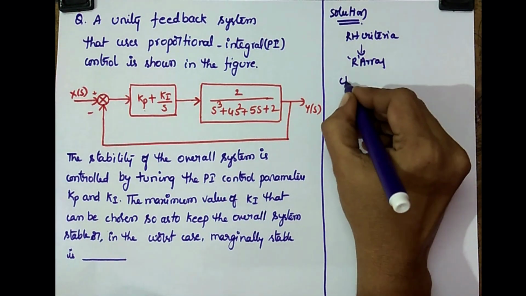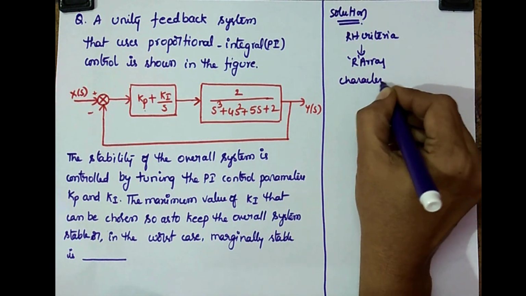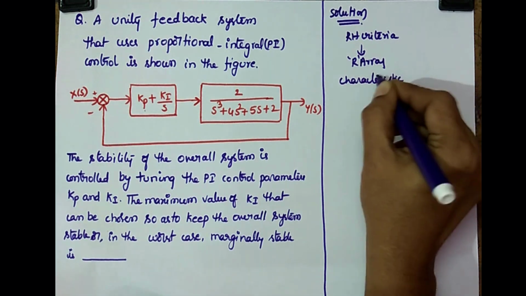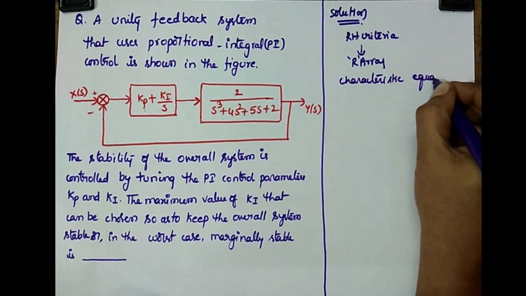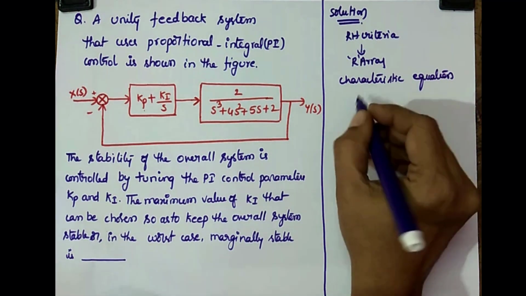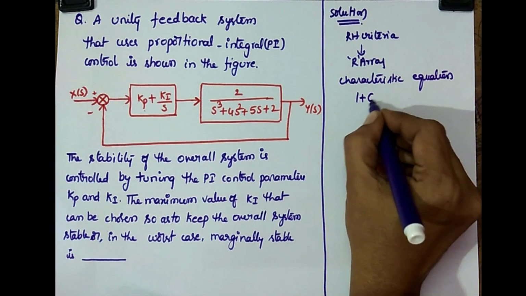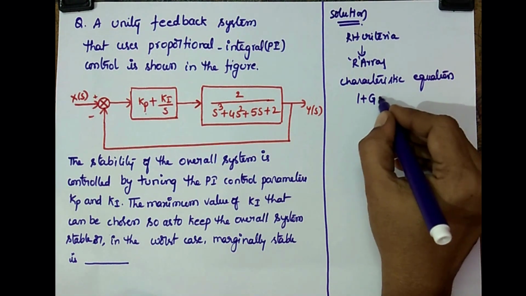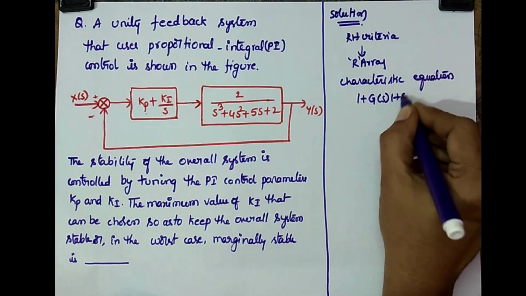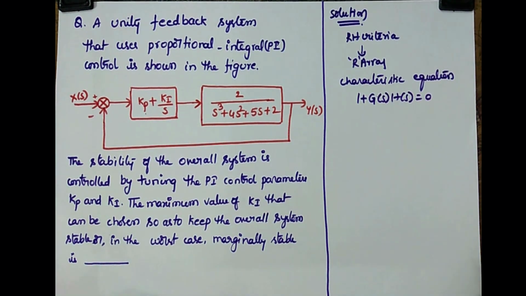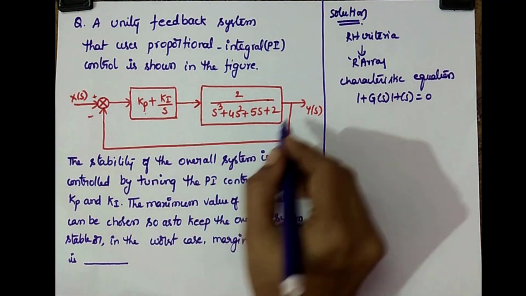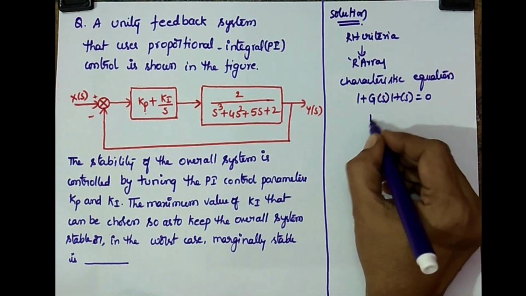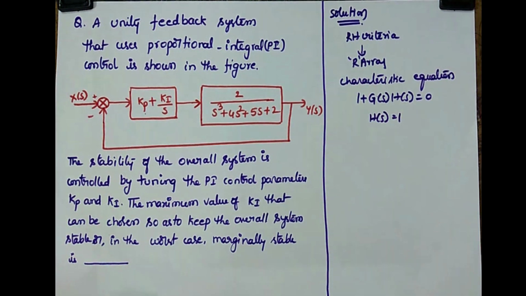You have to go for the characteristic equation. What is the characteristic equation? 1 plus G(s)H(s) is equal to 0. Here, as the feedback is unity, H(s) is 1.